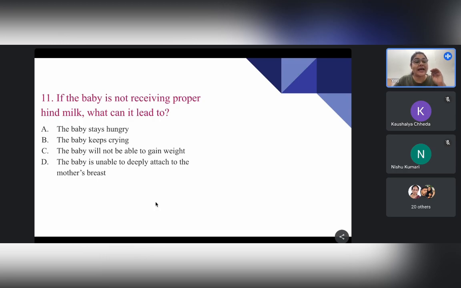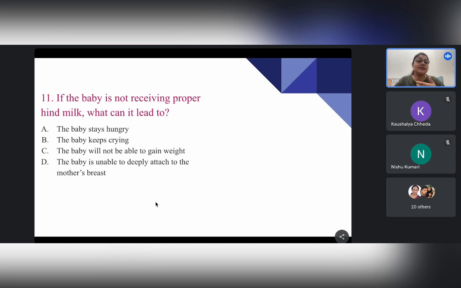EPA and DHA are very much required for the brain development and overall health of the baby. It helps in the brain, the eyes, and the heart. All of this is very important for the growth and development of the baby. So this hind milk is full of these good fats.